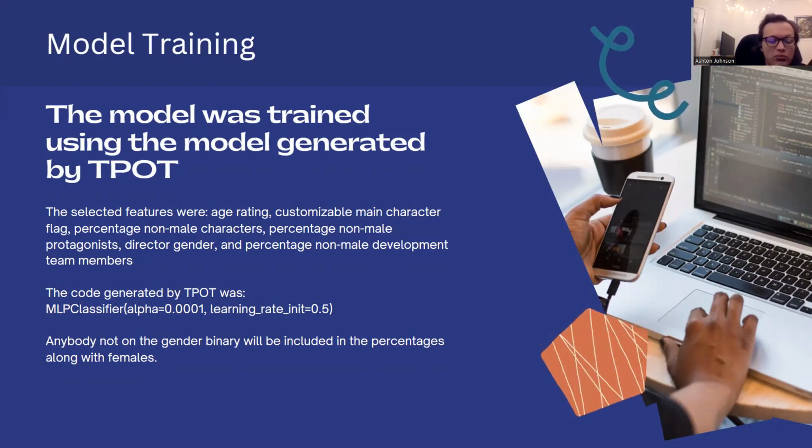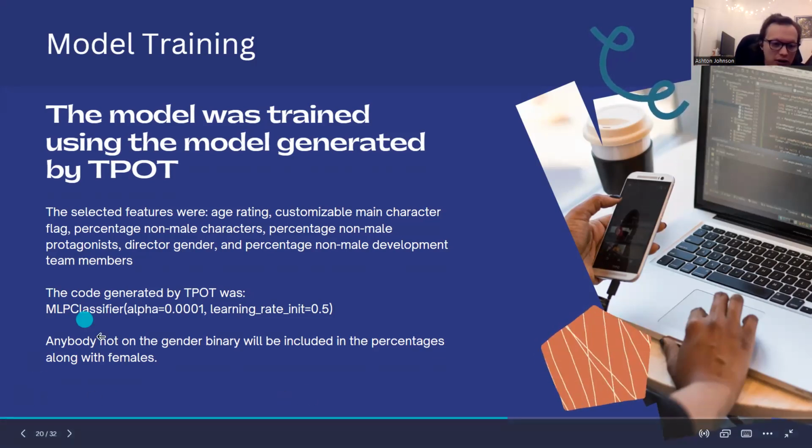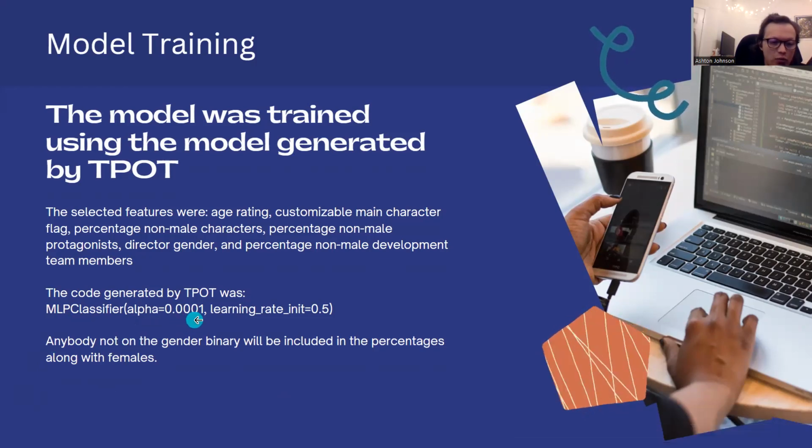All of these say non-male instead of female, so as to include females, and then also those not identifying with a gender binary. The code generated for the MLP classifier was, as is written here, alpha 0.0001, learning rate of 0.5.